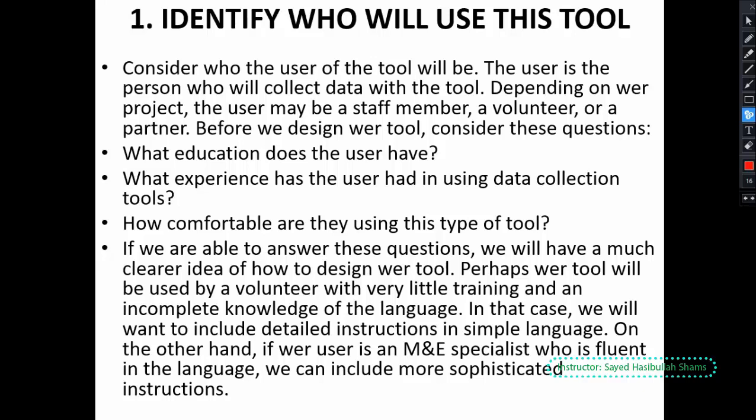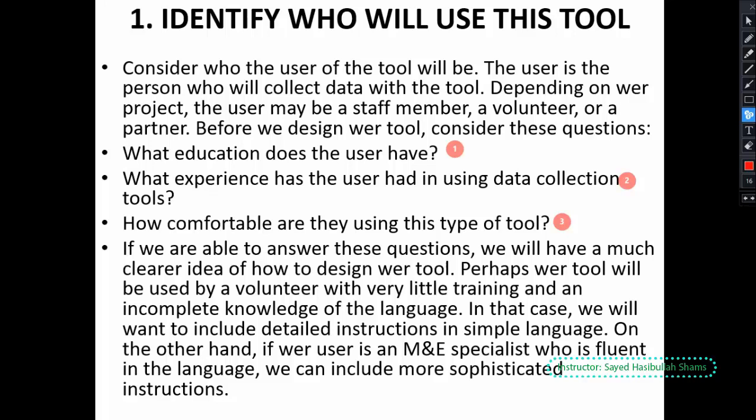So we will think about their education level and their data collection experience. It's very important. Also, we will assure ourselves how compatible they are with this type of tool. If these questions are answered, we can develop a very good tool and then proceed. So it is very important to identify who will use this tool and then we can develop our tools.